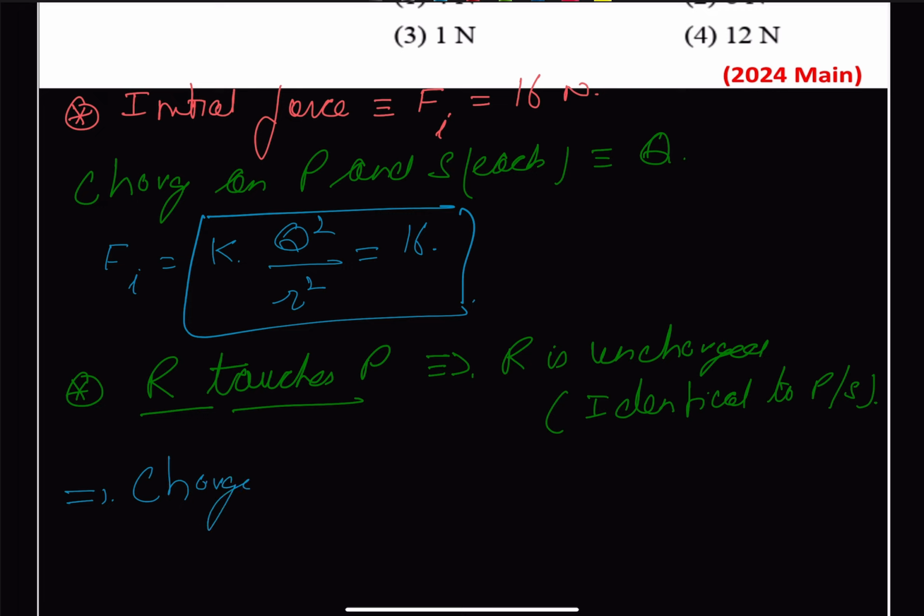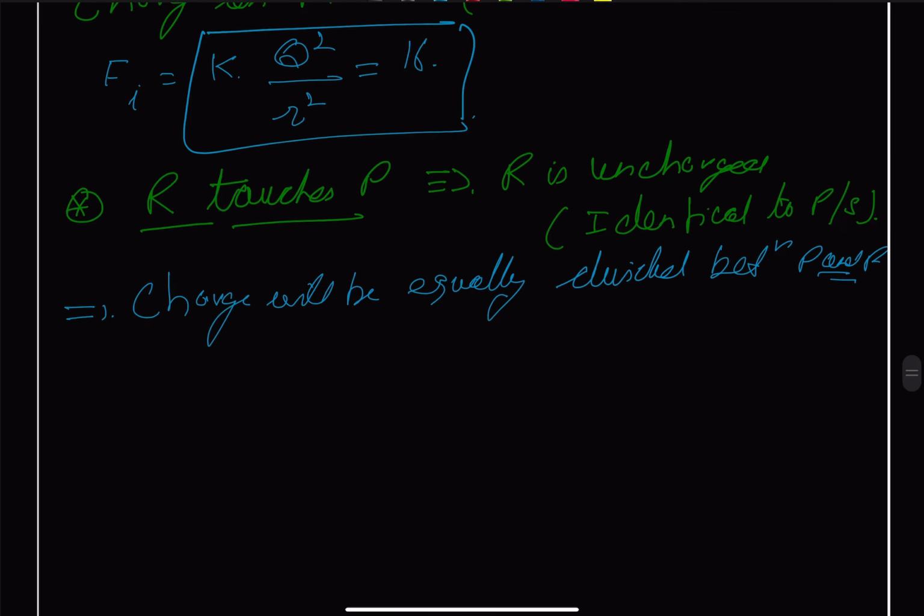Charge will be equally divided between P and R. So the new charge, let us suppose QP prime, will be equal to QR prime is equal to Q upon 2.